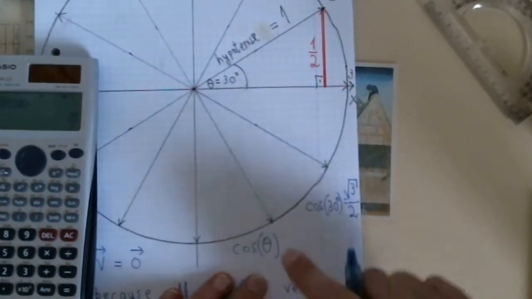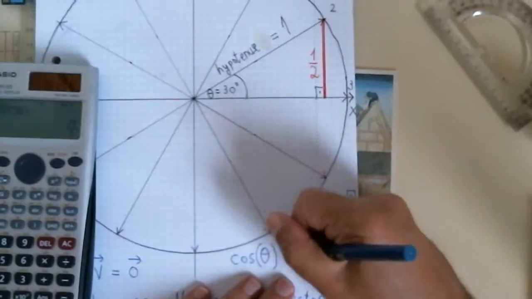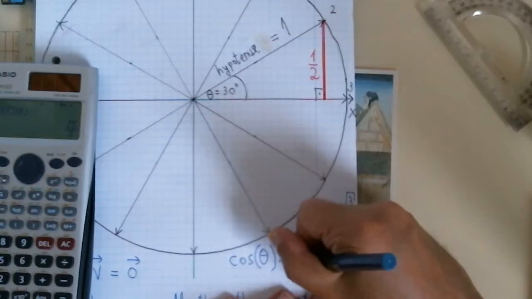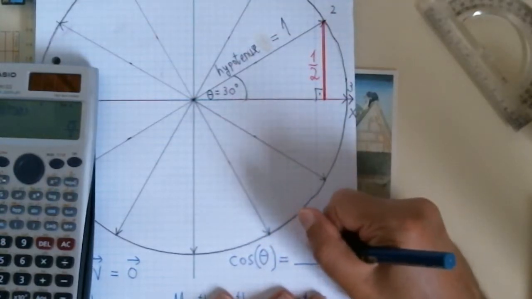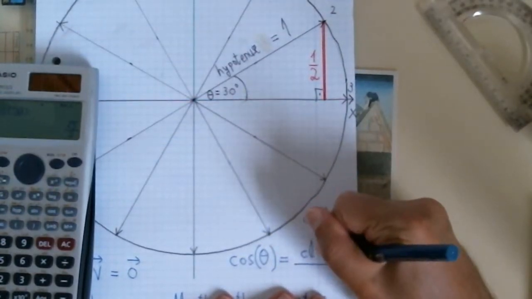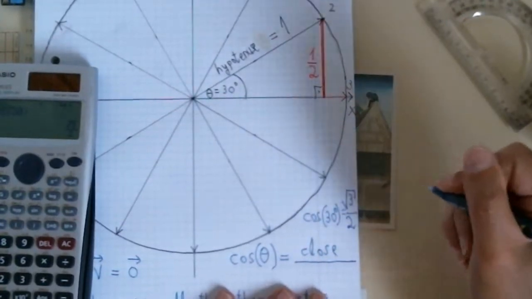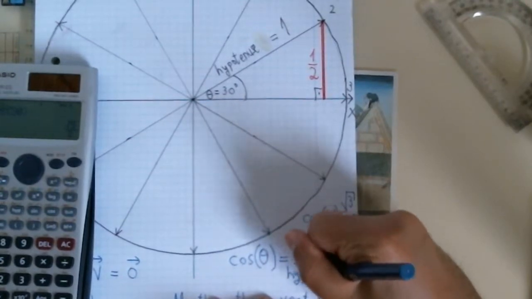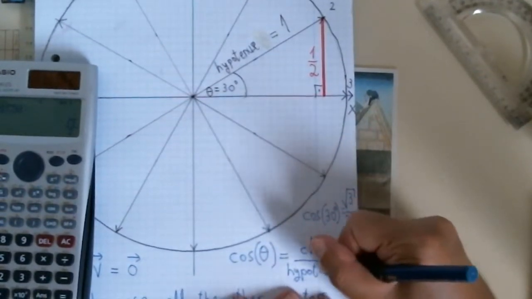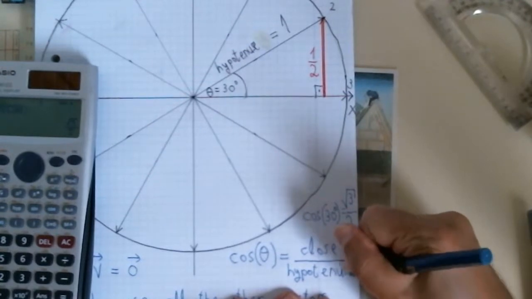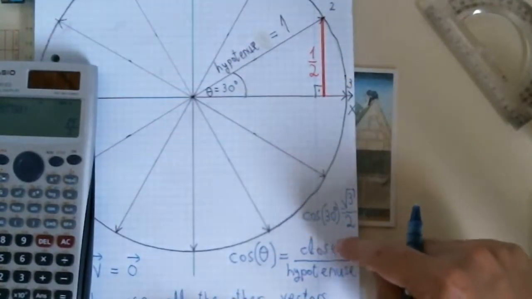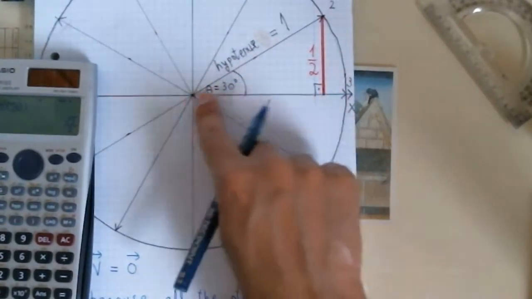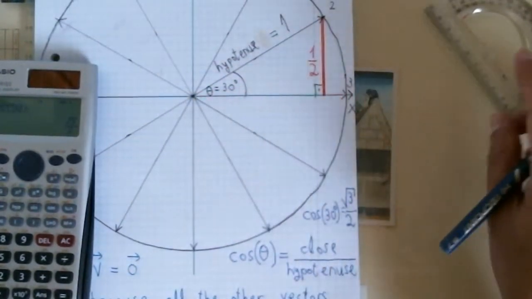So cosine of theta in general is the side close to the angle divided by the hypotenuse. The side that is close is the one that we are looking for. It's this. Let me make it in blue.